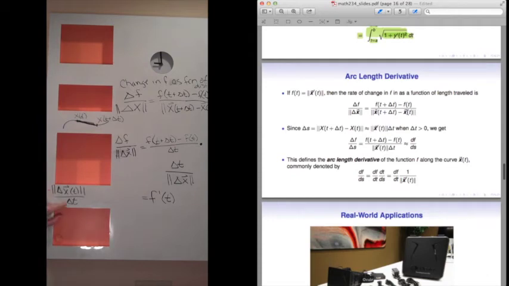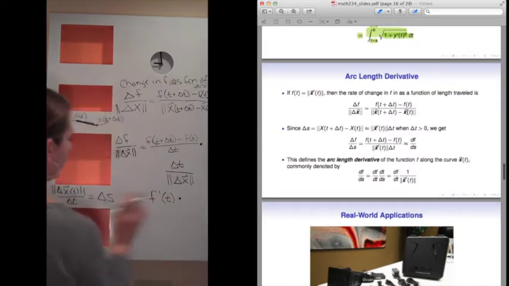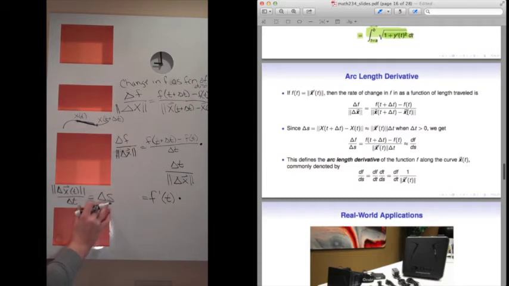That is this quantity, and this is a delta t. So this is the same thing as our delta s over delta t. The change here on the top is the change in arc length, the distance that we've added from going from this point to this point. So that's delta s.